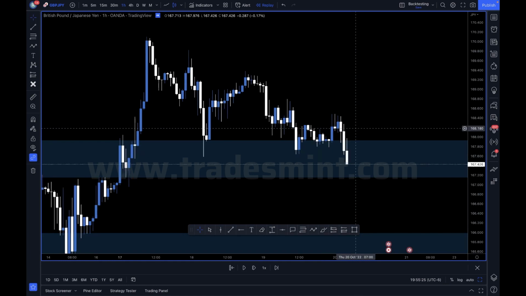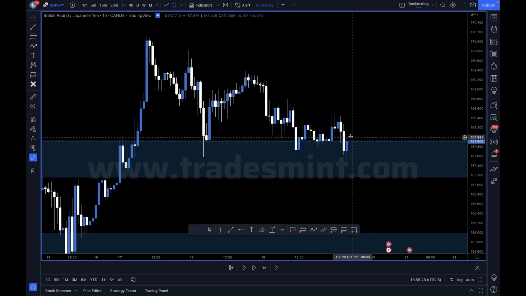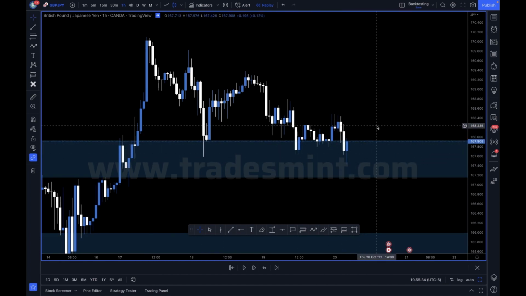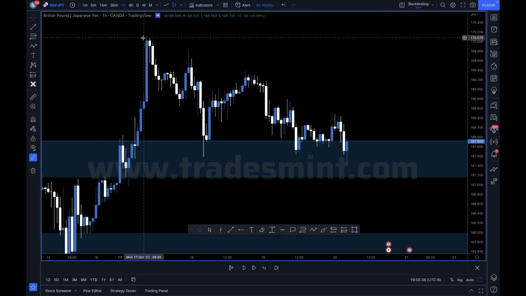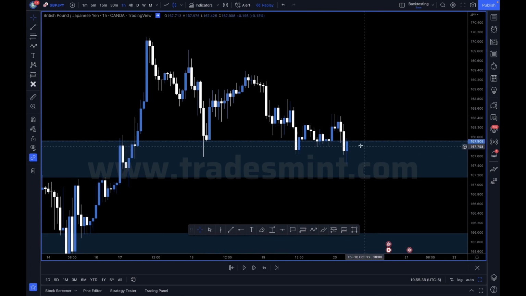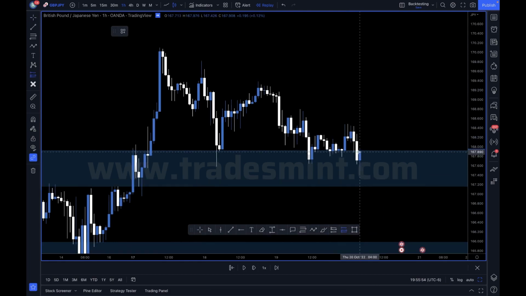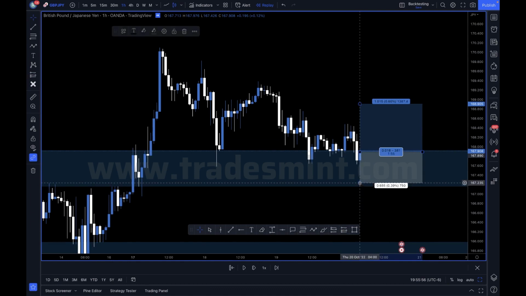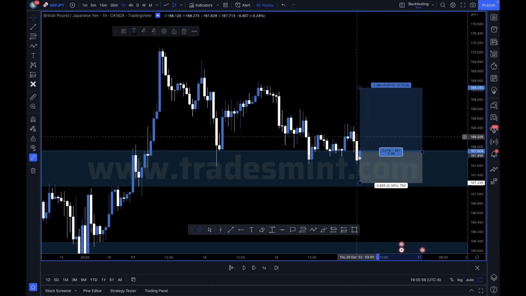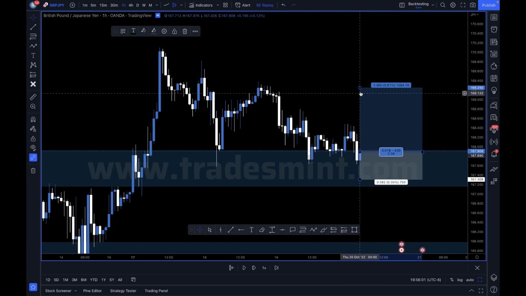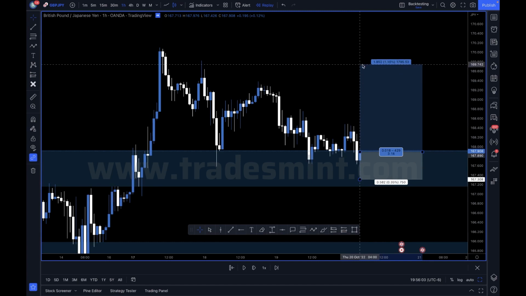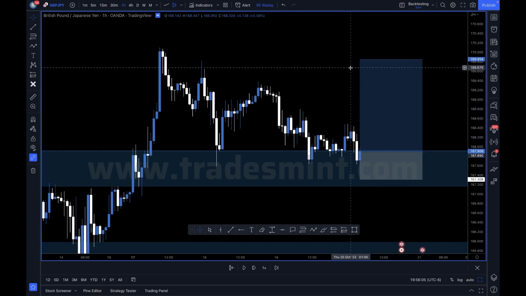And then price goes down, but now we have a bullish candle on the 1 hour, deep in the zone. So for me, with this being in the zone and this bullish 1 hour candle, this is enough for me to enter into the trade and hold it at least up to here.